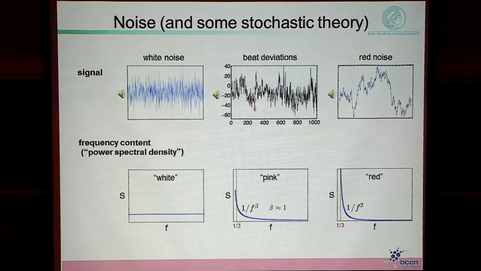More exactly, if one does the analysis, then red noise has a frequency content that rises at low frequencies like 1 over the frequency squared, so in an inverse power law. And this here rises like 1 over f to some exponent beta, which is close to 1. So this doesn't rise as steeply at low frequencies.